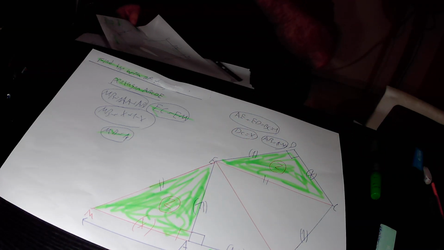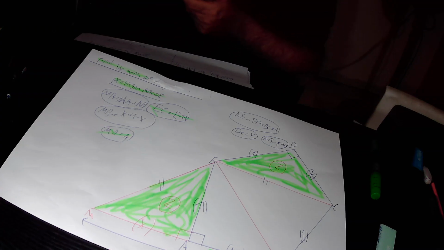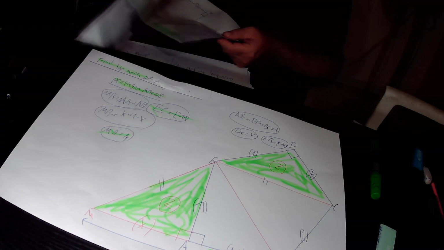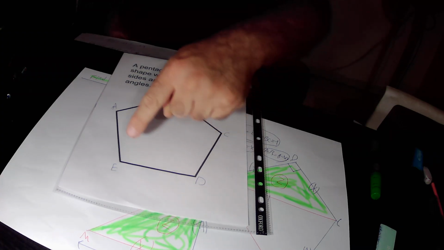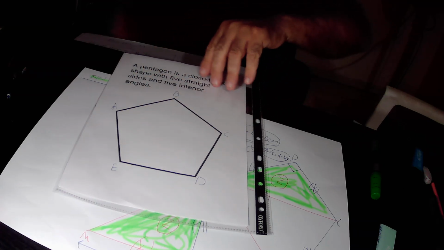A pentagon is a flat closed shape with 5 straight sides and 5 interior angles. This is pentagon ABCDE. It has 1, 2, 3, 4, 5 sides and 5 interior angles.